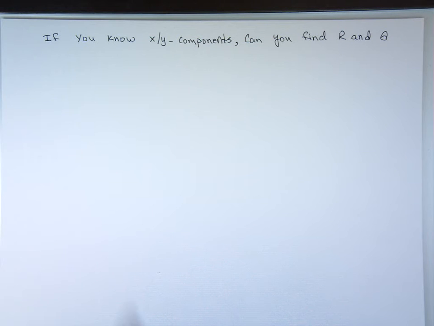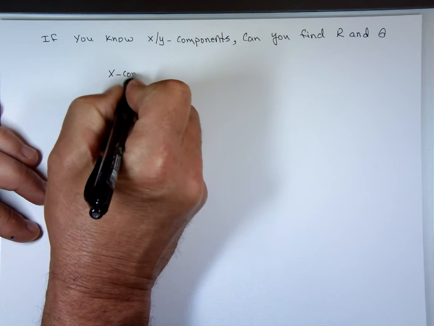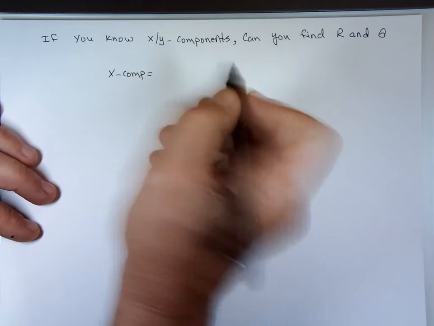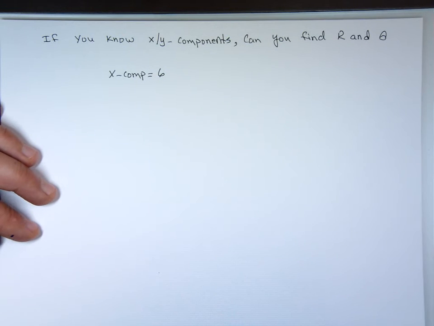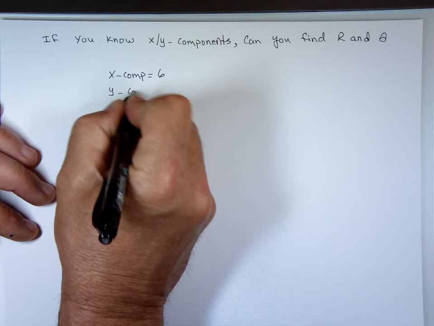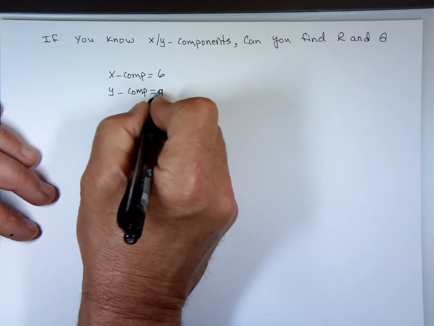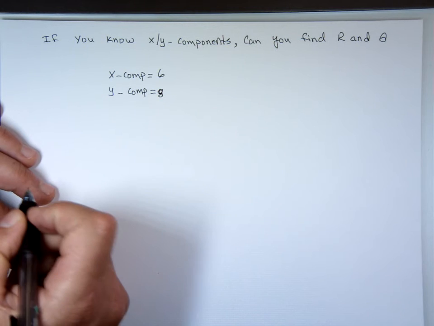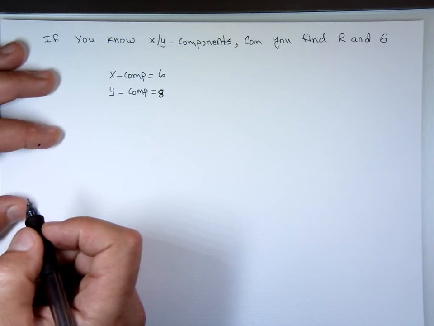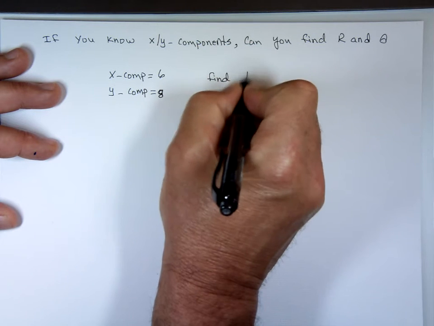If I said to you the x component equals 6, the y component equals 8. Find r and theta.